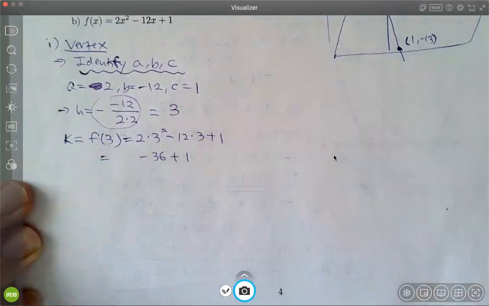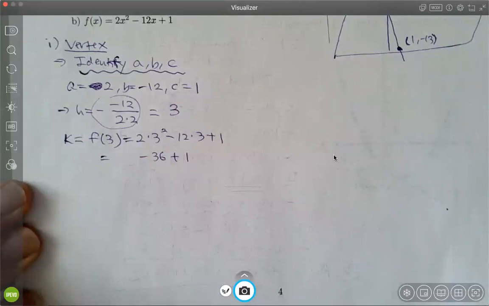What is the first number equal to? 18, right?